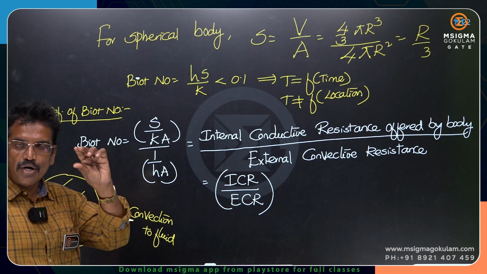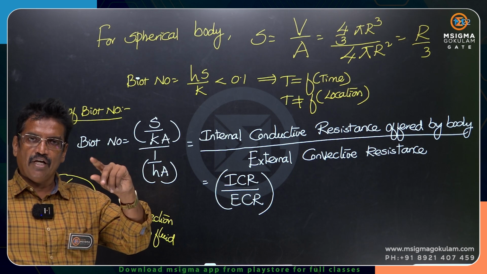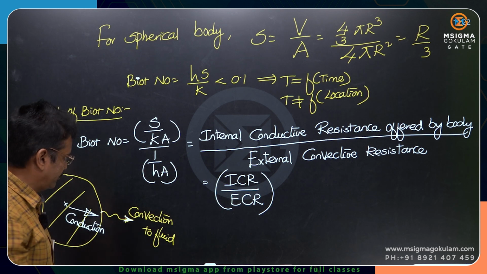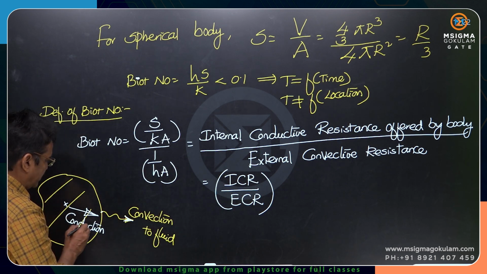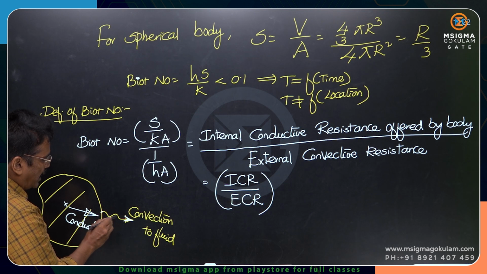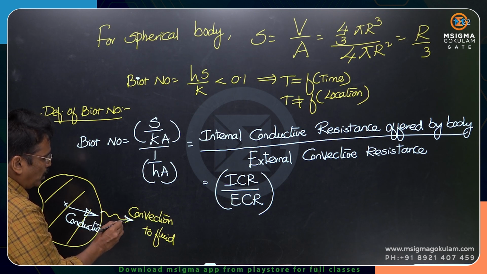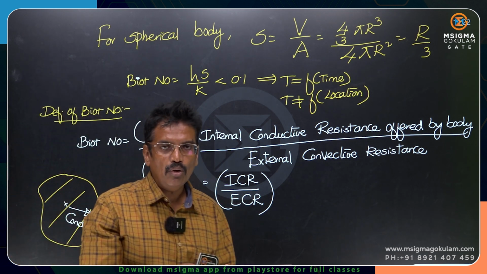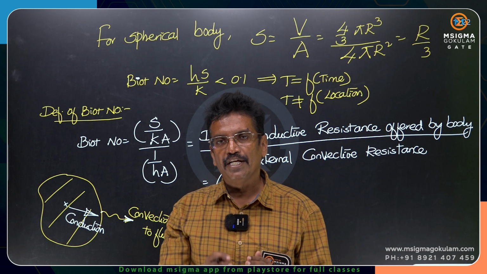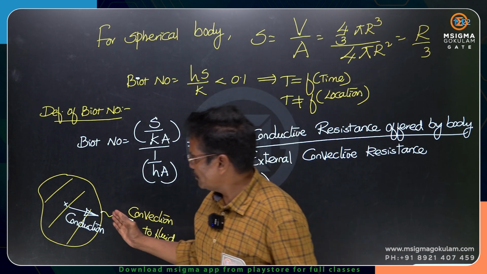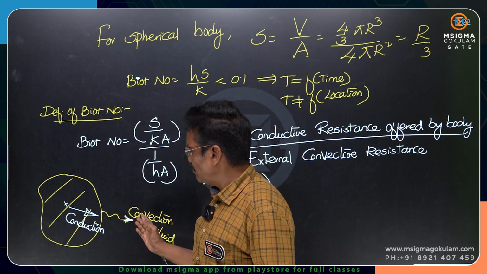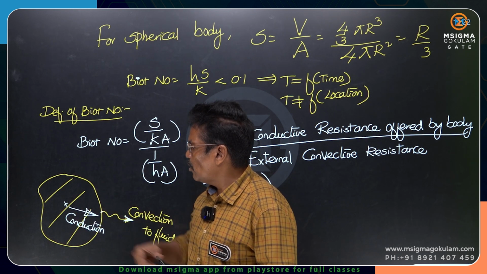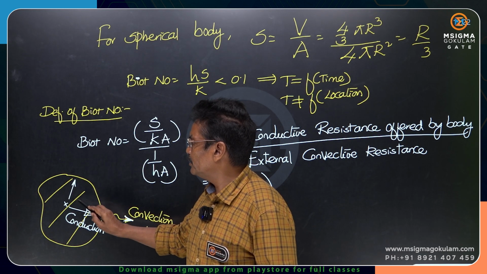If the size of the body is small and if the conductivity of the body is high, automatically lumped heat analysis is valid. Because conduction happens very rapidly as compared to the slow convection heat transfer happening at the periphery. The convection at the periphery may occur slowly, but conduction happens very quickly in all the directions.